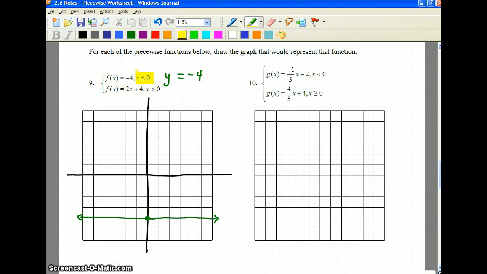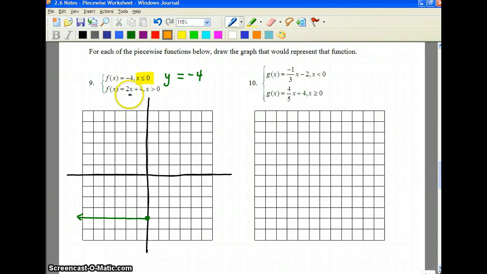This line only exists for x if we're less than 0. So here's x is 0. So when x is 1, are you on this line anymore? No. So what we have to do is we have to erase that part of the line. We only want this part of the line. So x has to be less than 0 to be on that line.